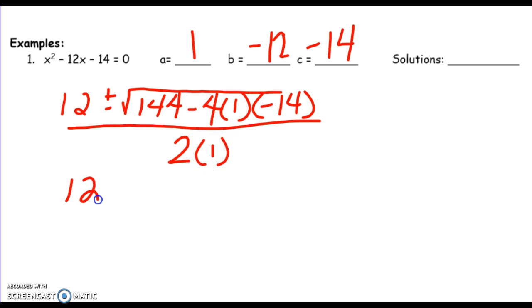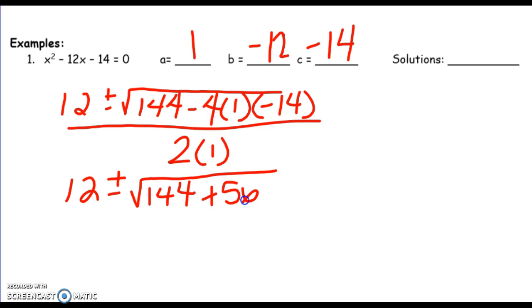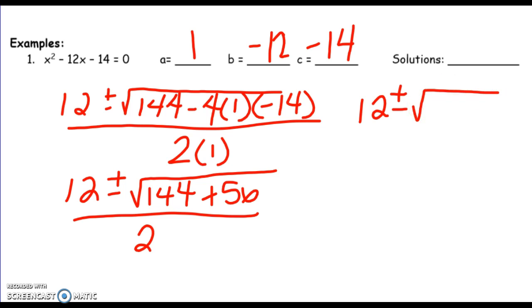So now I've got 12 plus or minus, you have to write this all out, the square root of 144 minus, and 4 times 1 is 4, times a negative 14 would be a positive 56, all over 2. So now I've got 12 plus or minus the square root of 200 all over 2.